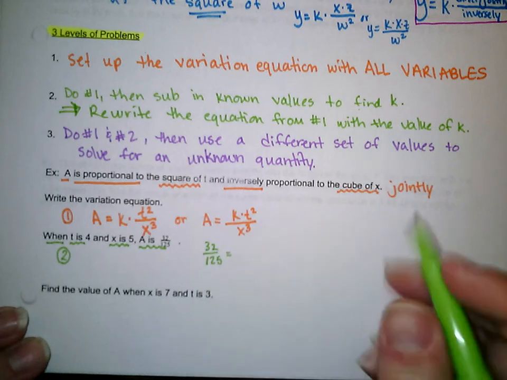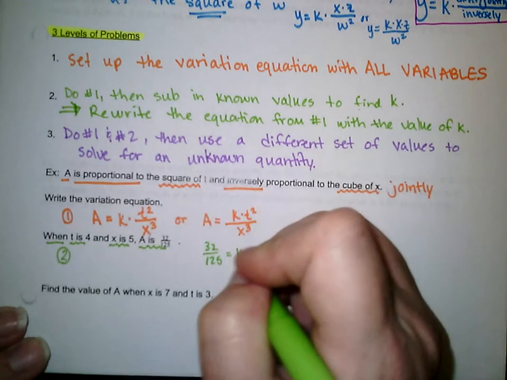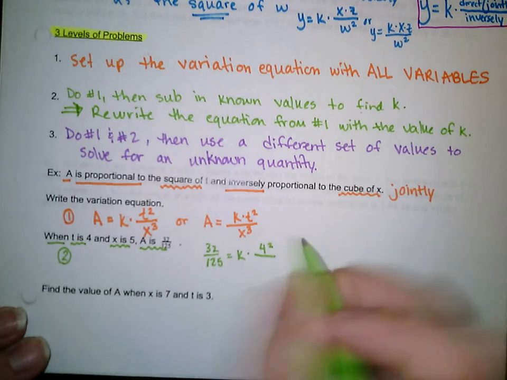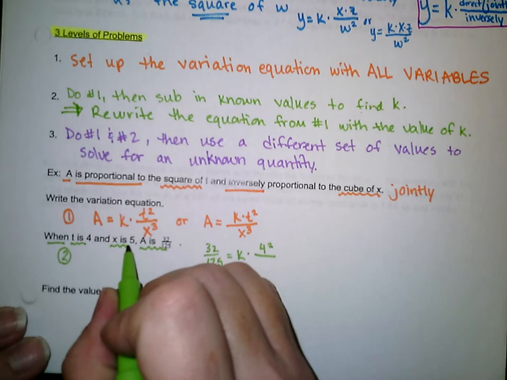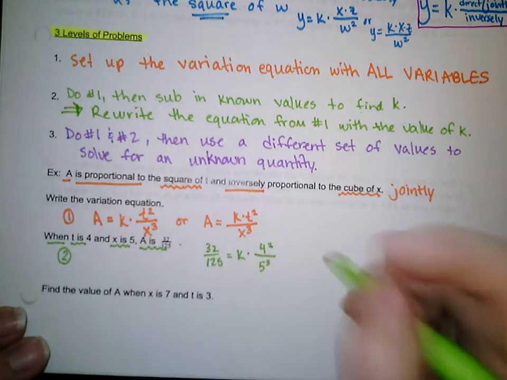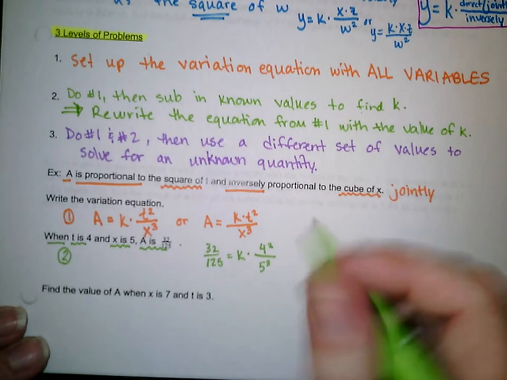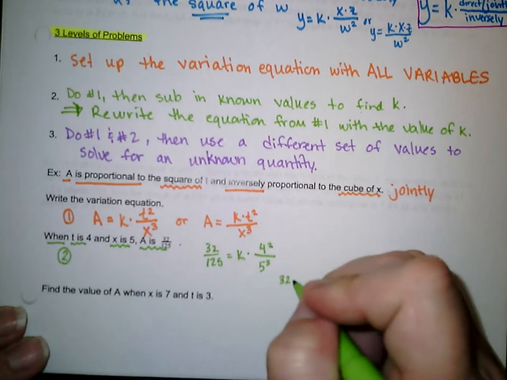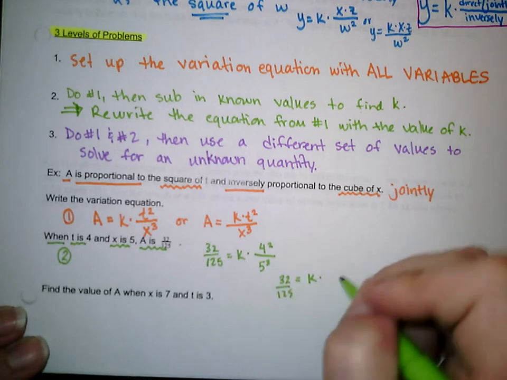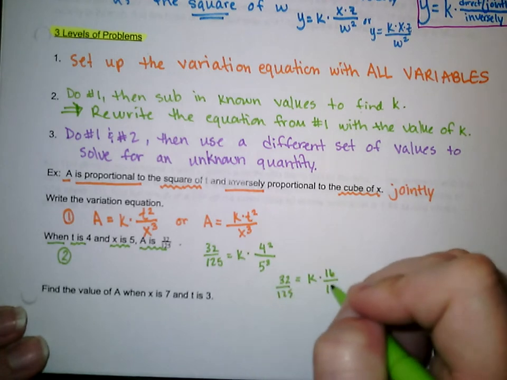We don't know what k is. T is 4, so 4 squared, and x is 5, so 5 cubed. Okay. So that gives us 32 over 125 equals k times 16 over 125.